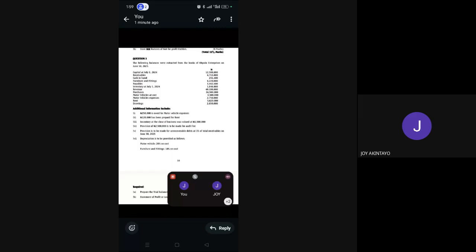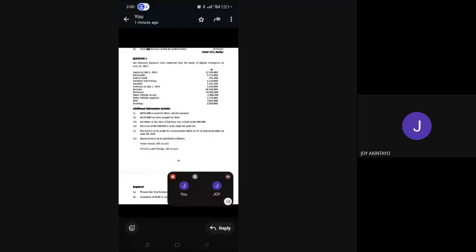So after posting on the credit side, why are we putting it on the credit side?